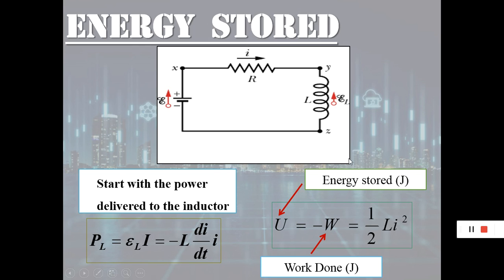For energy stored, U is half L I squared, or the integral of negative V dq. Half U in this law is half L I squared, where L is the inductance and I is the current squared. So thank you. Assalamualaikum.